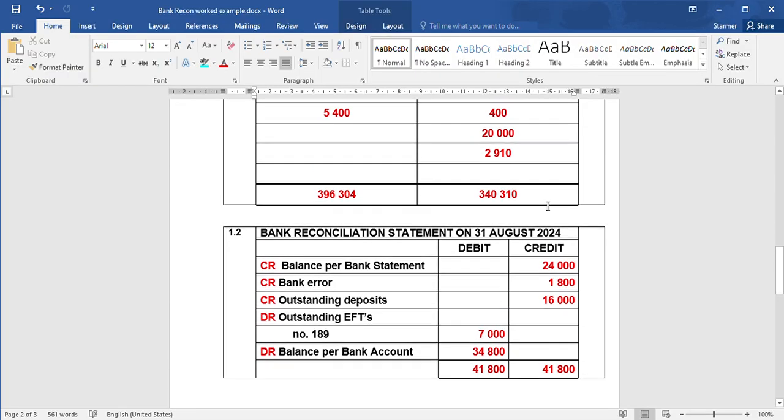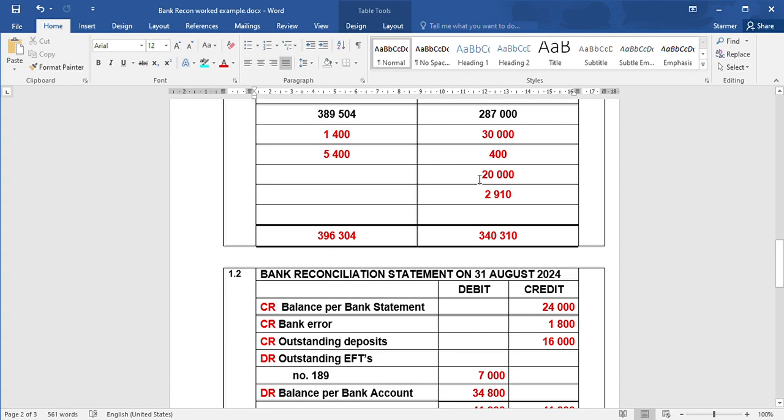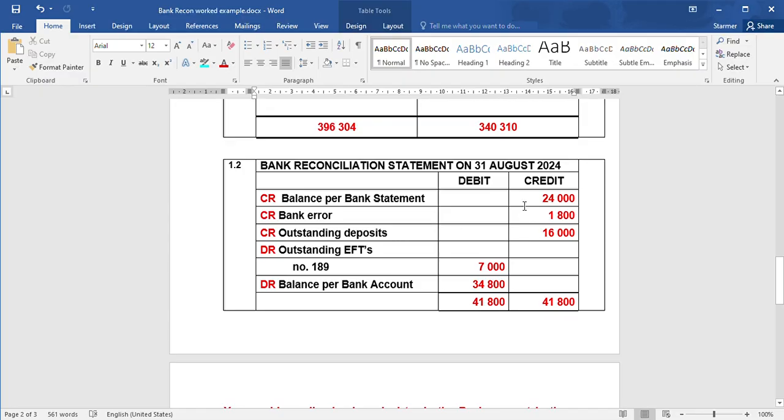Now normally you would post your journals to the ledger, or you'd calculate your ledger balance for this section of work. In this question we haven't done so. What we can do though is we can balance this. Now here is the side, if you look at it, that's a higher total. So you add that side up first, you get 41,800, and you transfer that to 41,800, and then you minus 7,000 over here to get your balancing figure of 34,800, which is your balance in your bank account.